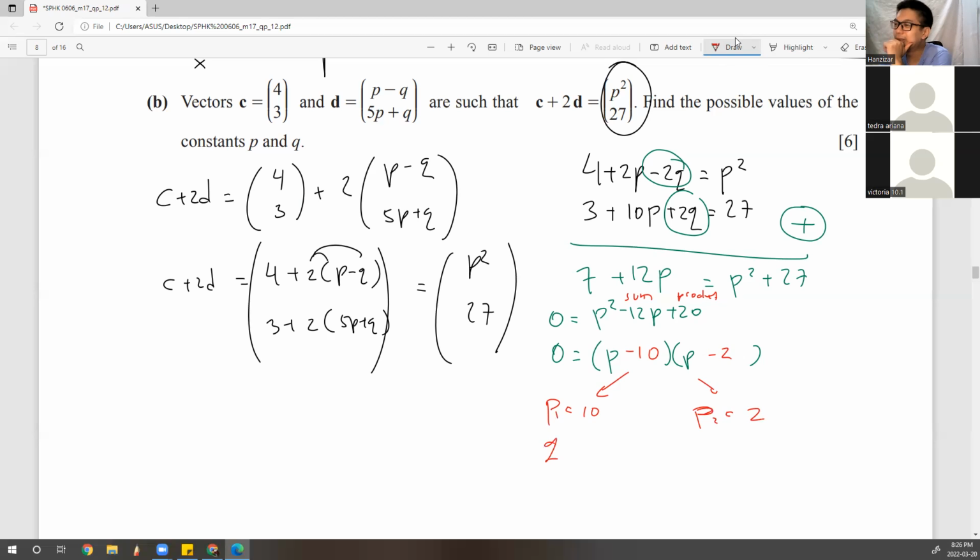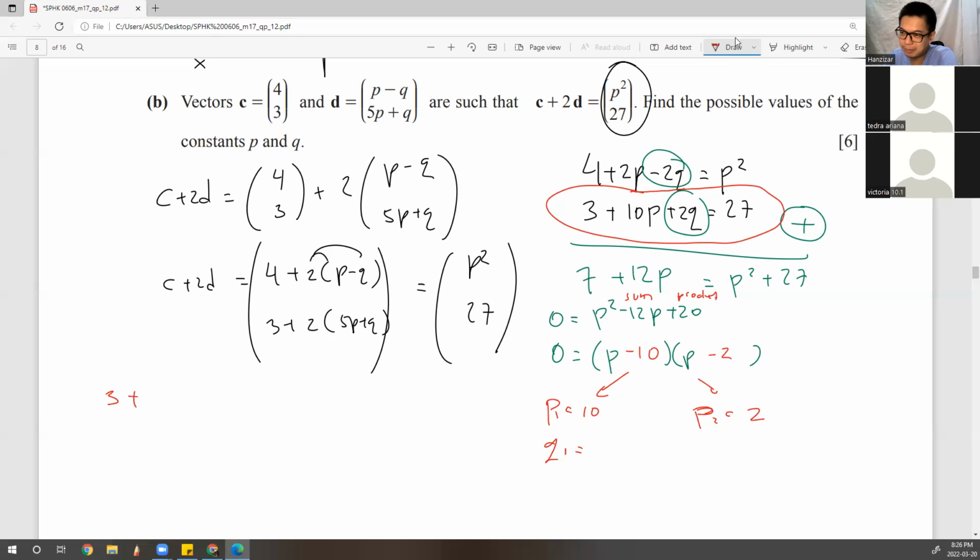Okay, where is the q? You can put it in either equation, on top or on bottom, but I think the second equation will be simpler to do. Why? Because we don't have to square the p. 100, it's wasting time, right? So how do you find the q later on?